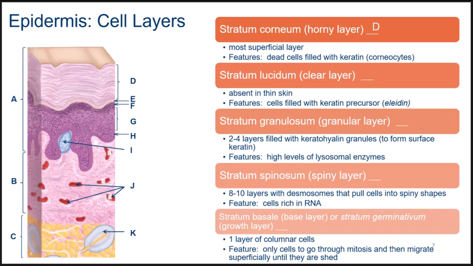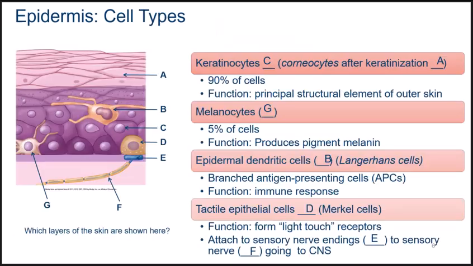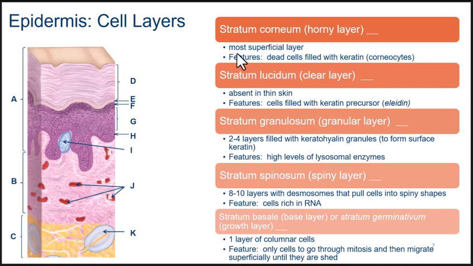It is composed of dead cells that are filled with keratin. Remember, when keratinocytes fill with keratin, they migrate more superficially, and then they become corneocytes, and at that point they are dead. That term corneocyte that I mentioned on this slide is why we get the name stratum corneum.